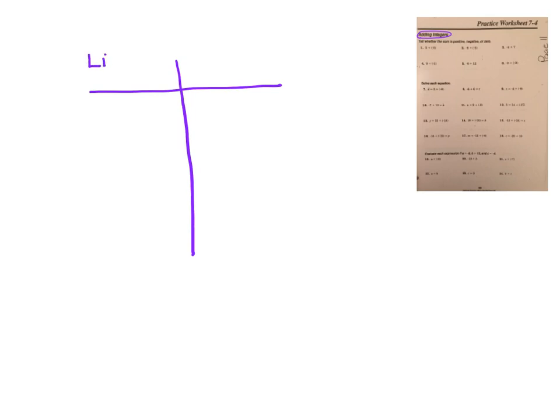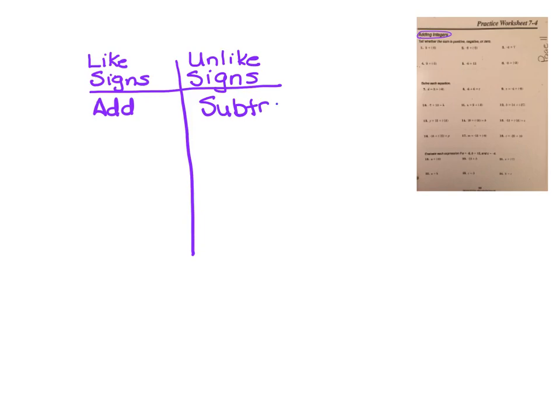When we have like signs, we will add our integers. Please record this on the blank backside of page 10. However, when we have unlike signs, one value positive and the other value negative, we will actually subtract the units.